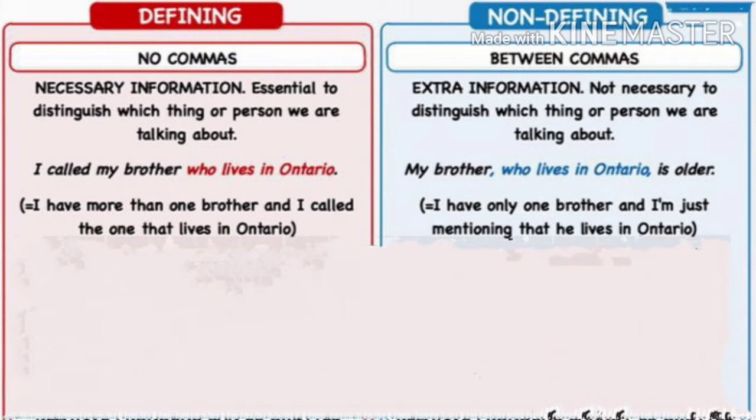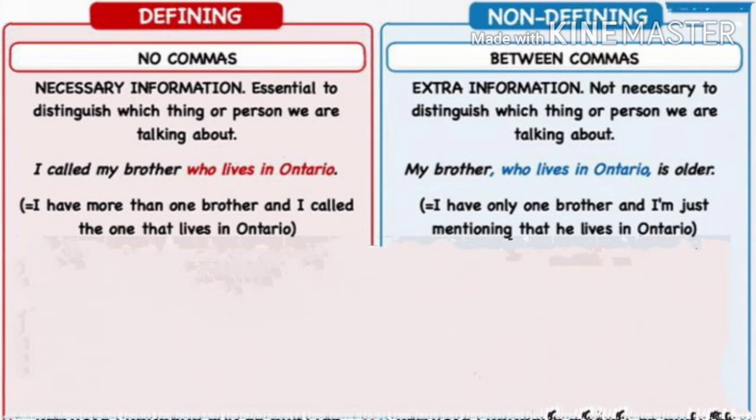For example, I called my brother who lives in Ontario. Here it means I have more than one brother and I called the one that lives in Ontario. That means we are giving the necessary information. So the clause who lives in Ontario becomes the defining relative clause.